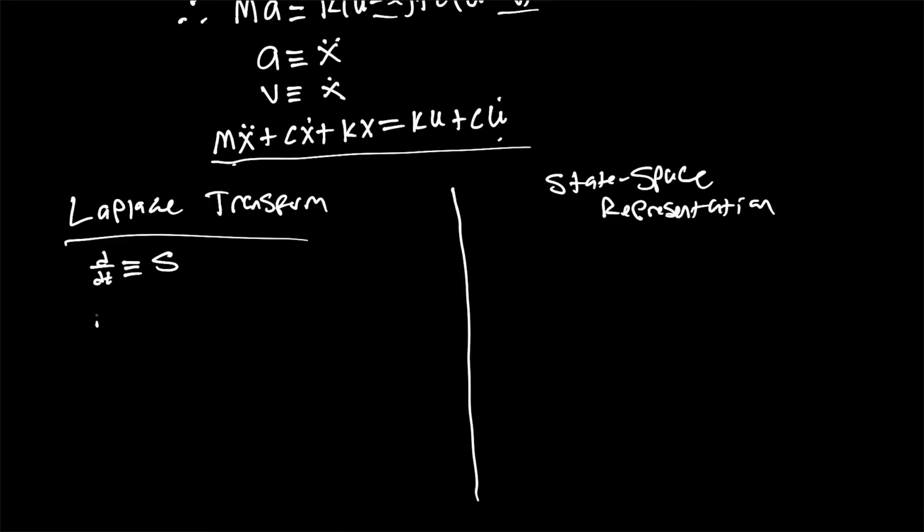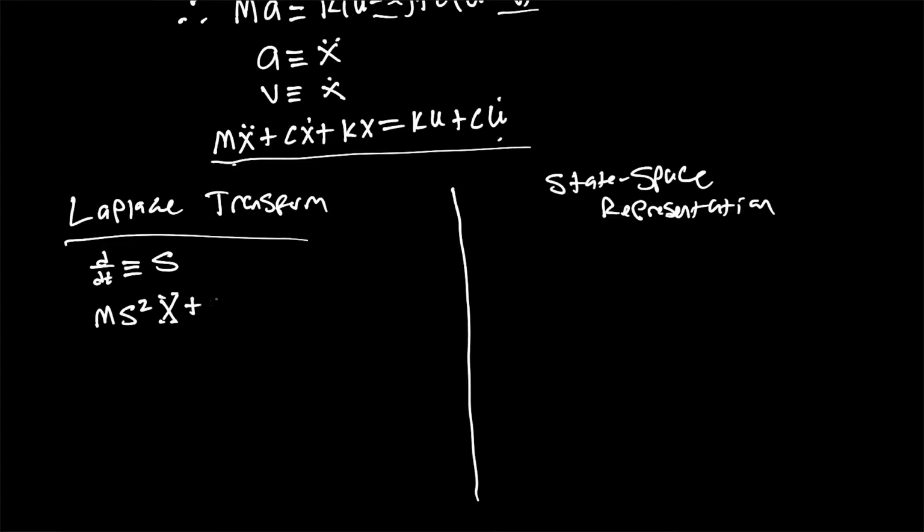So we have ms squared, that's the second derivative with respect to x, times capital X, because the Laplace transformation is not actually the same function as the original dynamic equation, so we need to denote this as being different in some way.